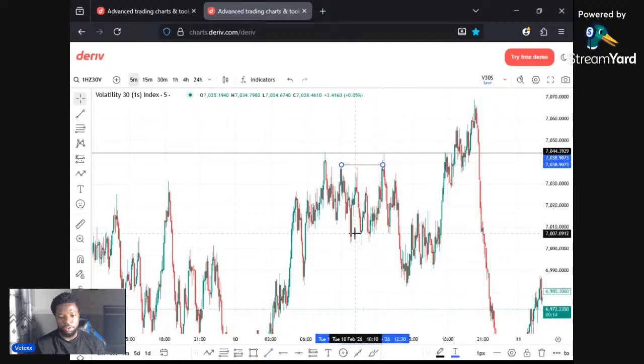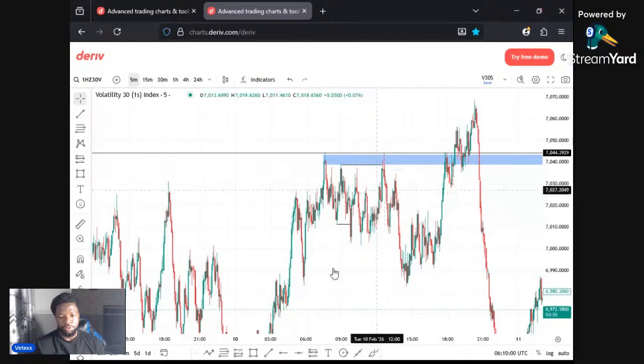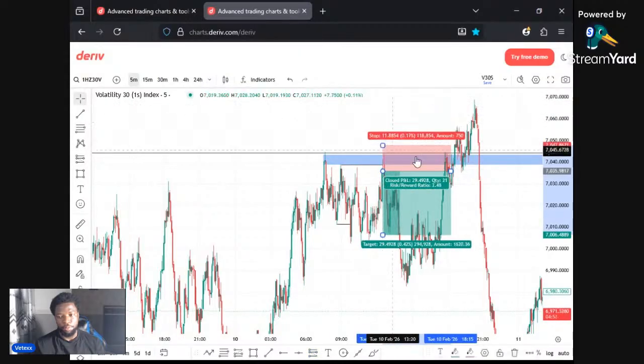And then this becomes our first break. Okay, this becomes our point of interest. And price did what? Price sold off. Price sold off from here.